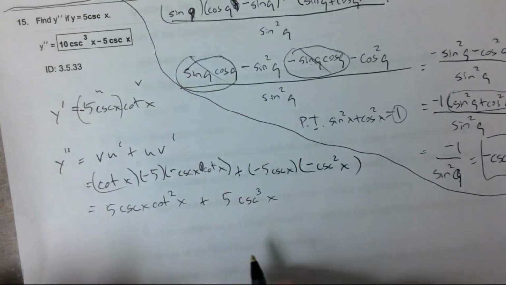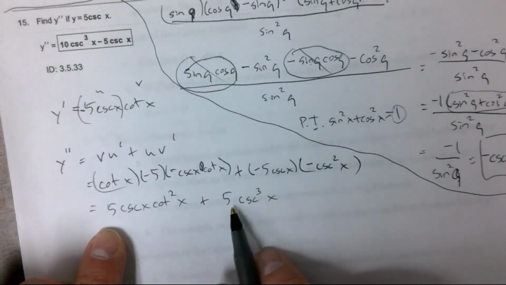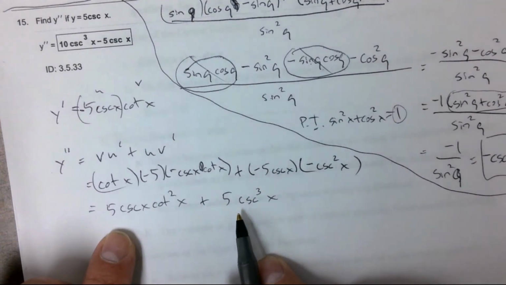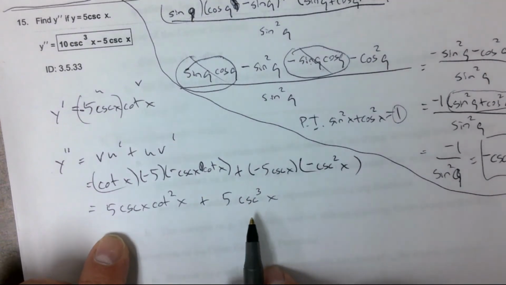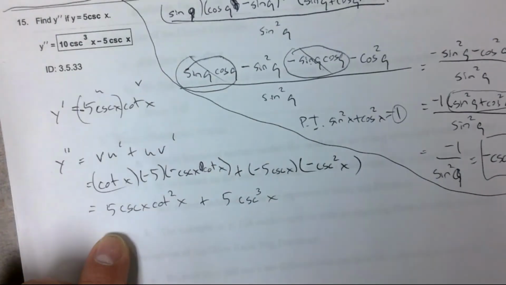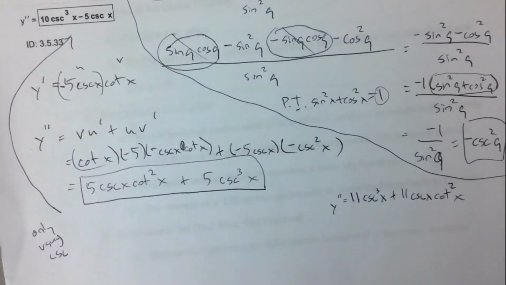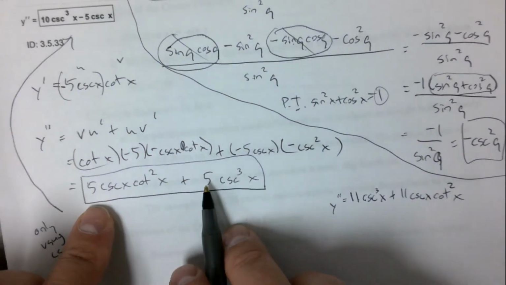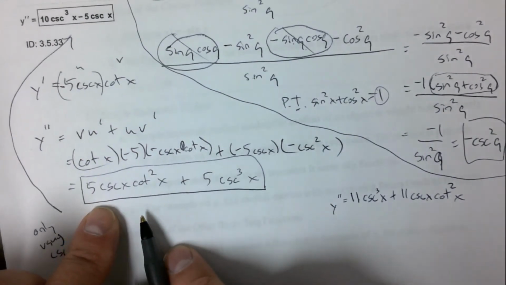Okay, so I want to factor out cosecant x. Actually, they didn't have it factored out. Let me think for a moment. Okay, so this is our answer in terms of cosecant and cotangent.